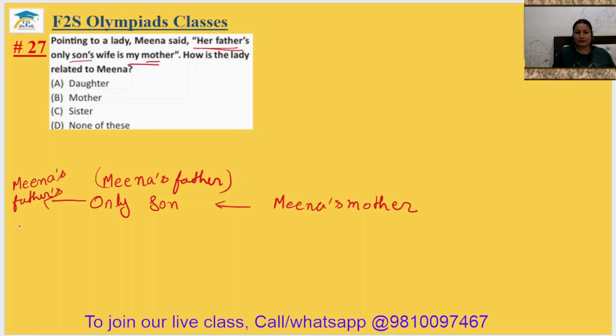Meena's father's sister means her aunt. It is Meena's aunt. Is it available in any option? No. So that's why we will go with option D. The 27th answer is option D.